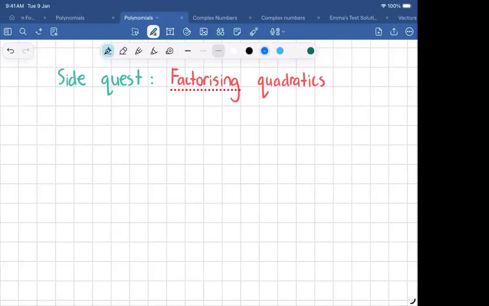So there are two cases: when a is equal to 1, and when a is not equal to 1. Let me explain what I mean by that. When a is equal to 1, we call it a simple trinomial.